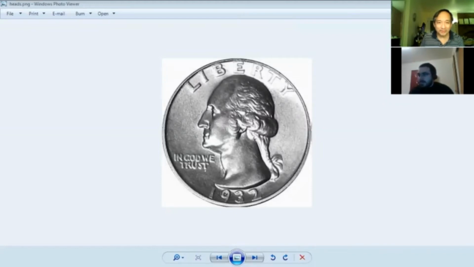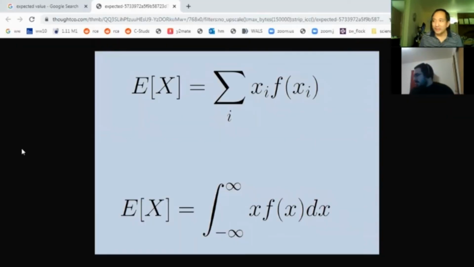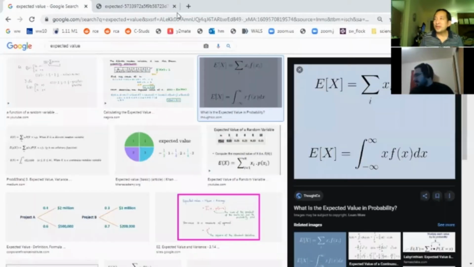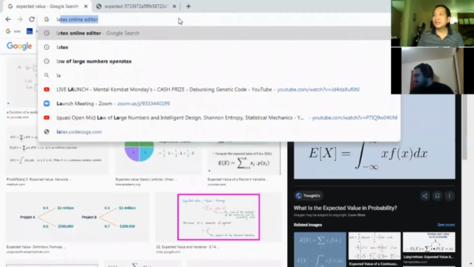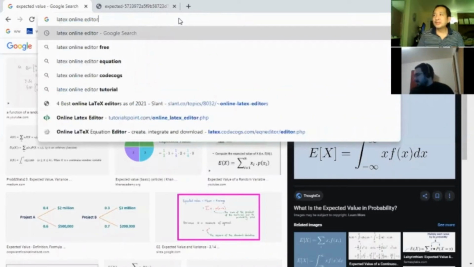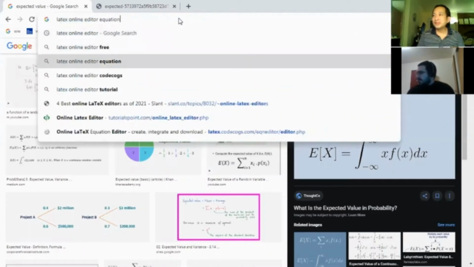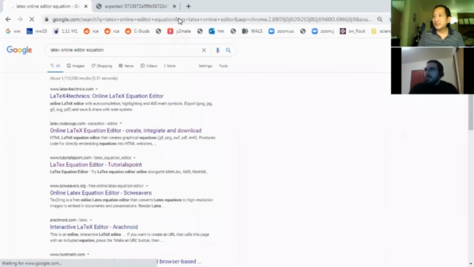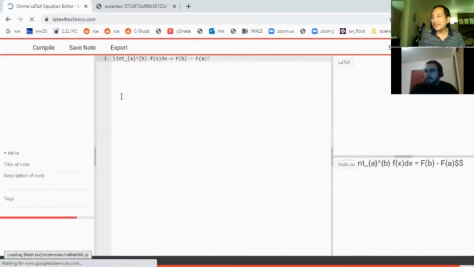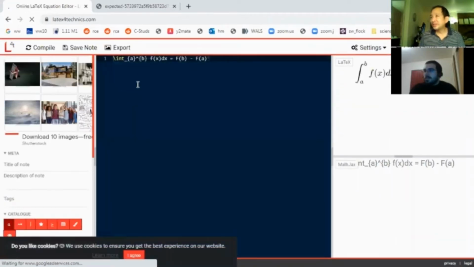Okay. It didn't used to be that way. Let's see, LaTeX. So Code Cogs used to be the best one, but now it's not as good as it used to be.